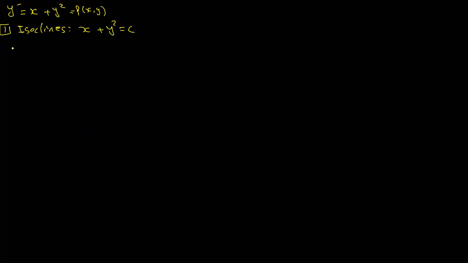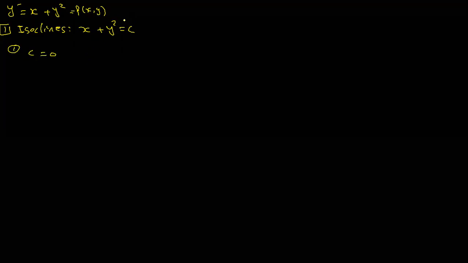Let me first choose c to be 0, and let me call this equation star. So equation star will be x plus y squared equals 0, and that gives me y squared equals negative x. Do you remember y squared equals x?